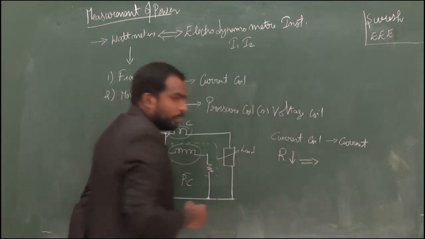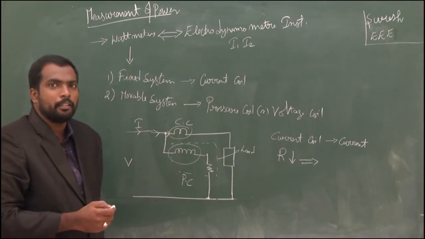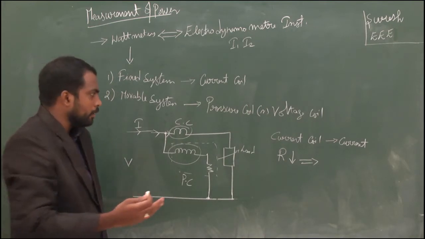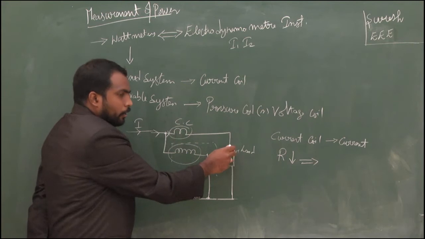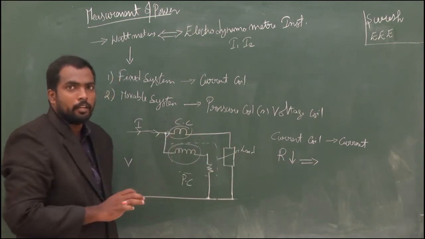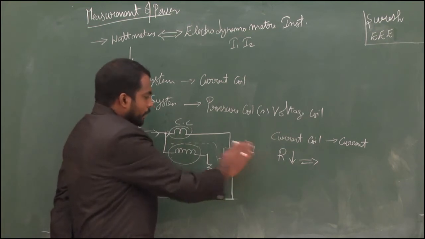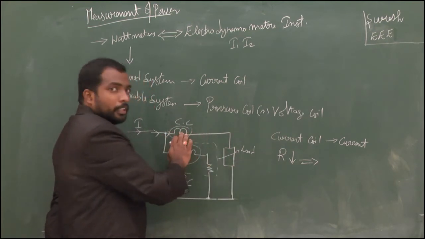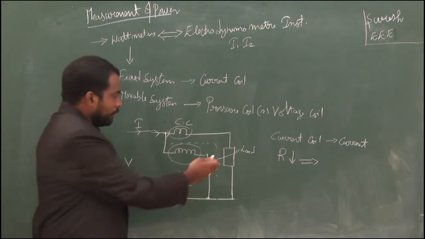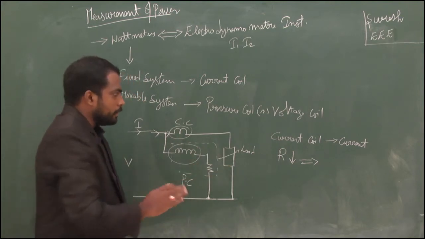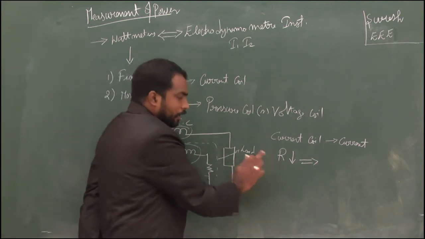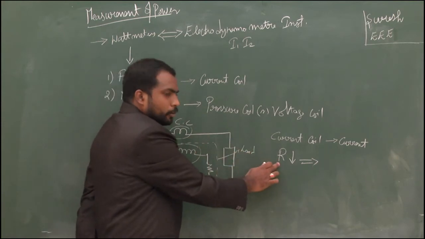Since we know that resistance has the property to oppose the flow of current. So in order to measure the net load current flowing through the current coil, the resistance of the current coil should be very less, so that the total current flowing through the current coil is the load current.